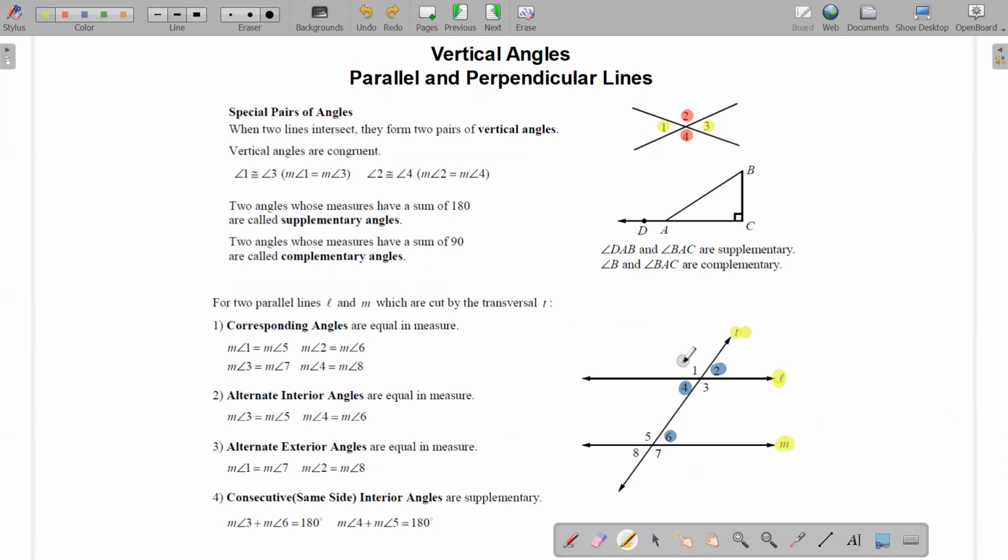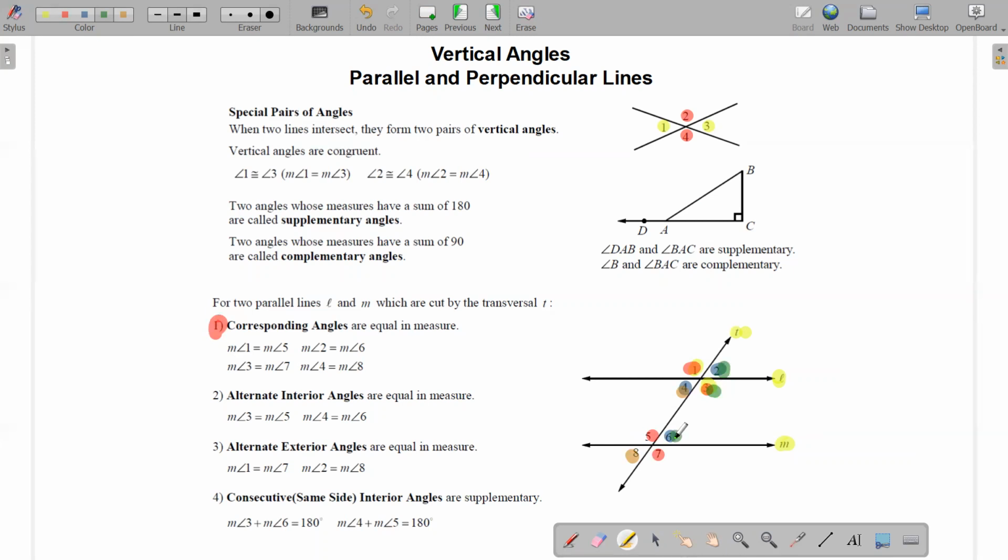For the same reason, angle 1 and angle 3. However, because of the corresponding angles right here, we also know that angle 1 and angle 5 are going to be the same, as well as angle 3 and angle 7, as well as angle 4 with angle 8. Angle 2 with angle 6.